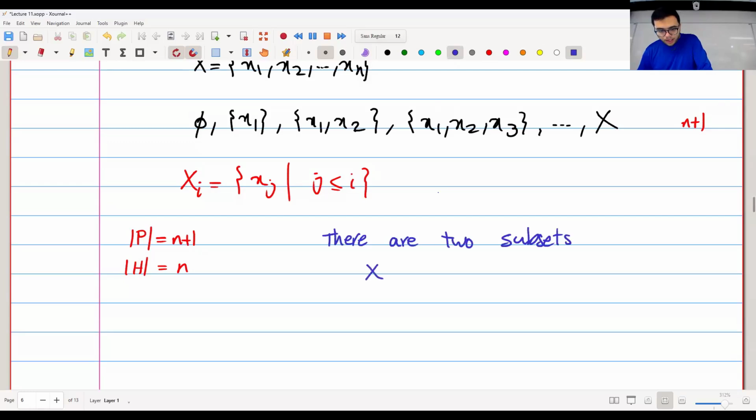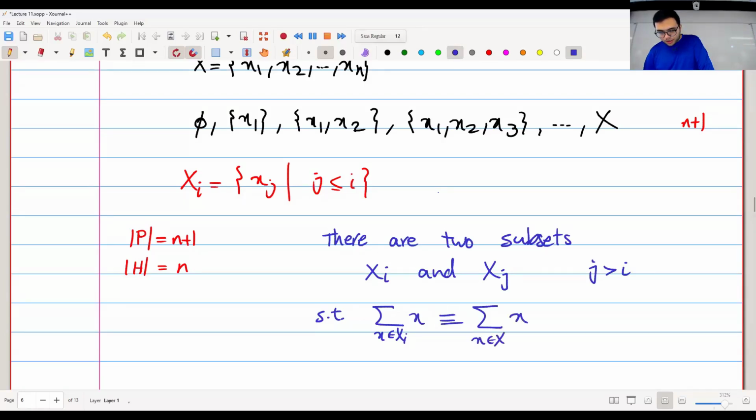Let's call them Xi and Xj, and let's just assume that j is bigger than i, because there are 2, I can order them in whatever order I want. Such that the sum of the elements in Xi is equal to the sum of the elements in Xj mod n. So these 2 sums are not necessarily equal, but if I look at their remainders when divided by n, they have the same remainder.